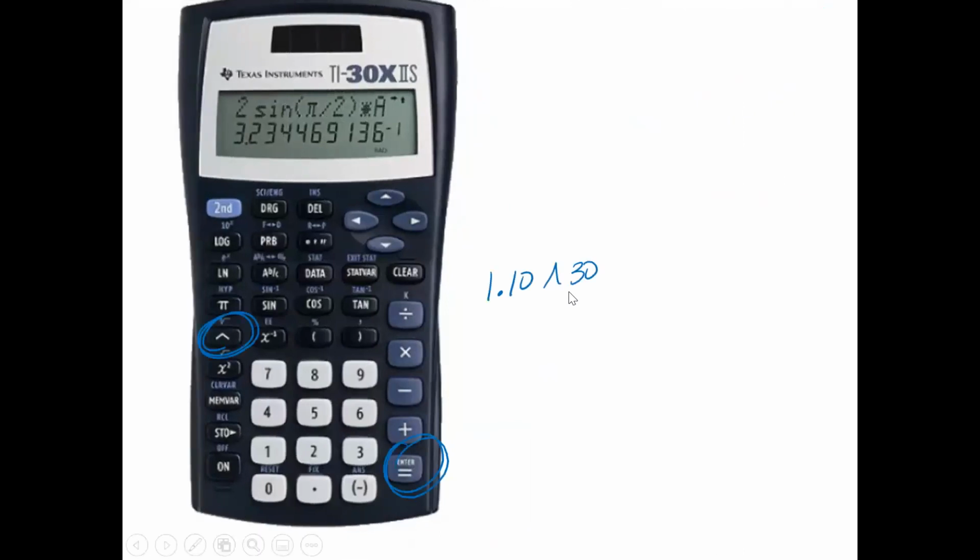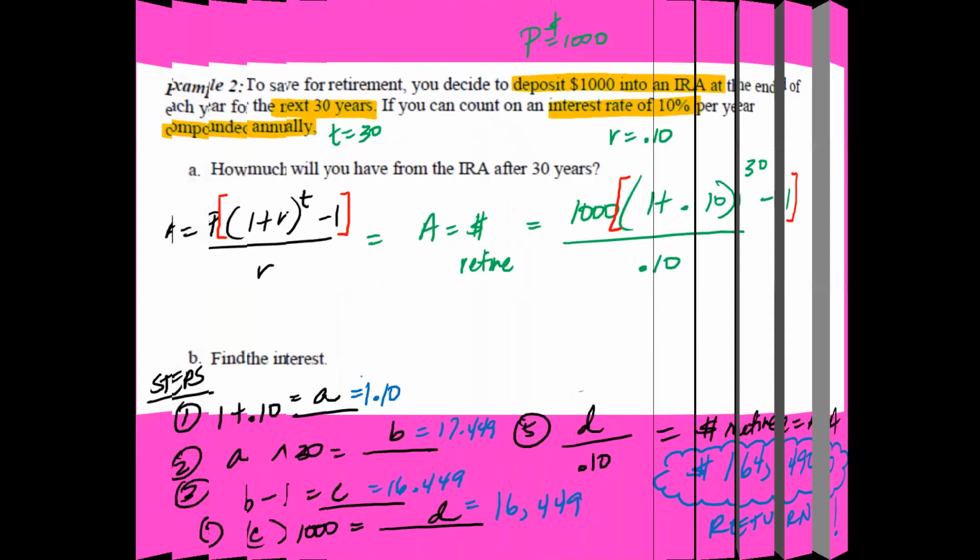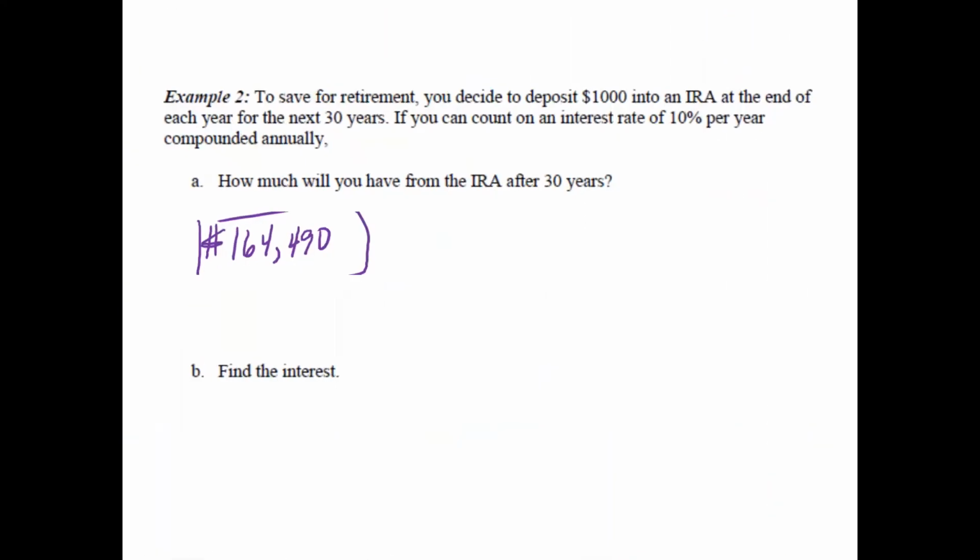All right, next one we are going to go over part B, where it says find the interest. Well, that's pretty easy. I equals A minus P. So that's going to be 164,490 minus, well, you're not actually putting in 1,000.